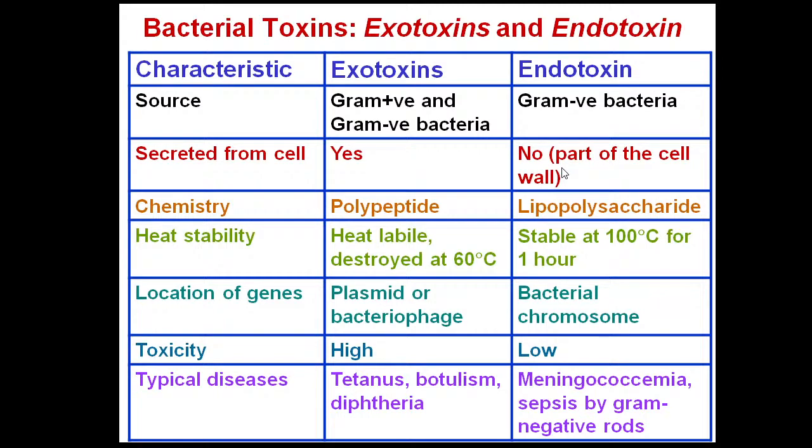So that's why it cannot really be secreted to outside. It is a part of the cell wall. So that's why it is found in gram-negative bacteria only. And the chemical structure is described as lipopolysaccharide. And the chemical structure of the exotoxins is described as polypeptide.